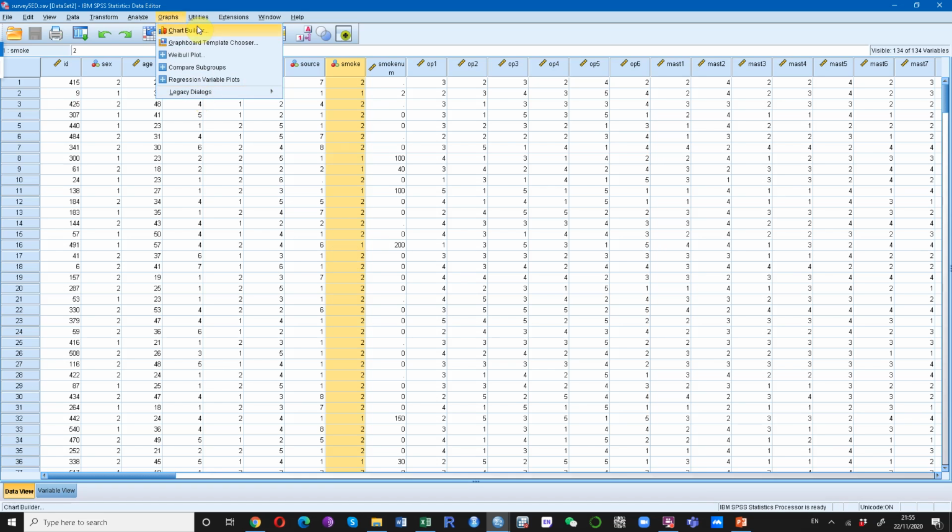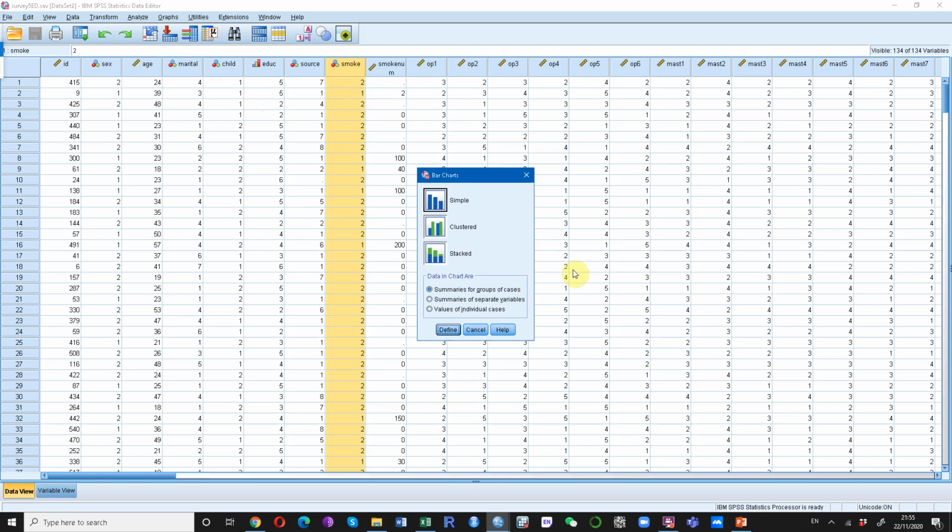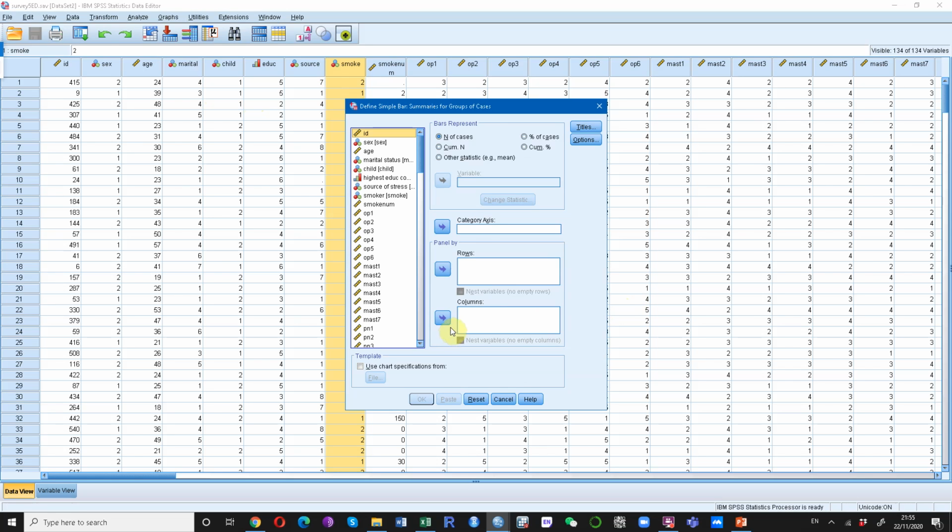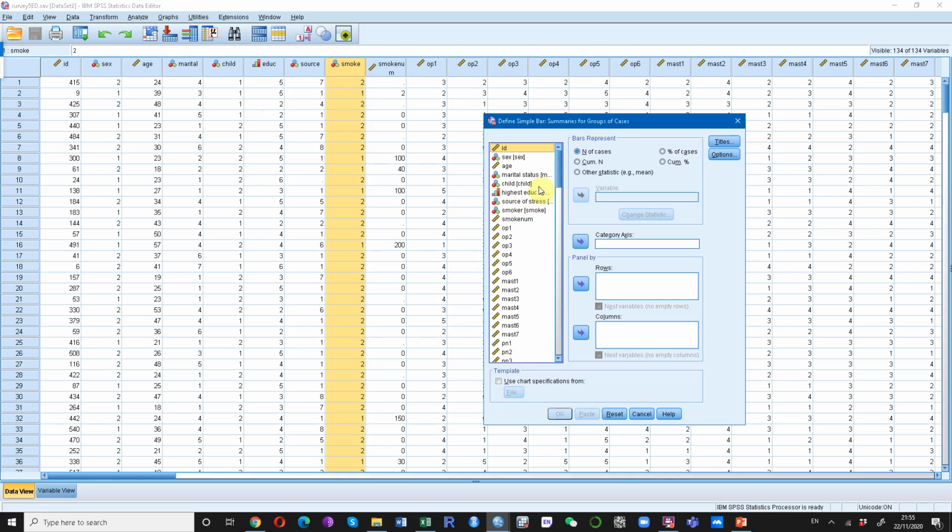Again, you could build your own chart, but I use the legacy dialogues where we have ready-made diagrams, and we use bar, so click on bar. In this case, we're using a simple bar that summarizes groups of cases. So just click on define, and we're looking at the smoke or non-smoker. So it's this variable here.